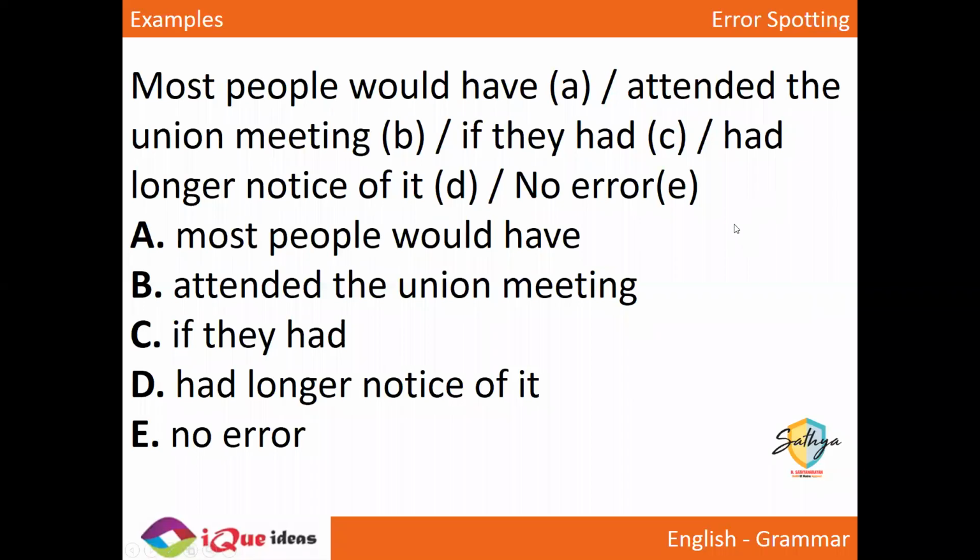Okay, so guys, technically दो बार had आता है, but it is proper. So there is absolutely no error in this sentence. जरूरी नहीं है कि हर sentence में error हो, because no error वाला भी option है. So classic example, had दो बार आता है but grammatically it is very right. Most people would have attended the union meeting if they had had longer notice of it. So this is one of those sentences where it is perfectly fine. Did everybody get this one?